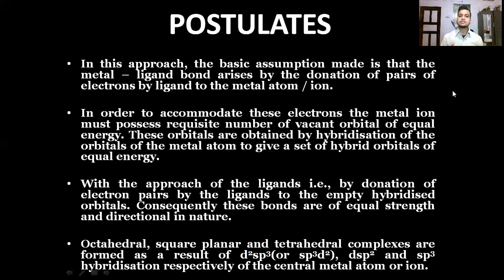And remember that these orbitals are obtained by the hybridization of the orbitals of the metal atom to give you a set of hybrid orbitals of equal energy. Not only equal energy, but the bonds will be of equal strength as well as directional in nature. So you will get a particular geometry from a particular hybridization.